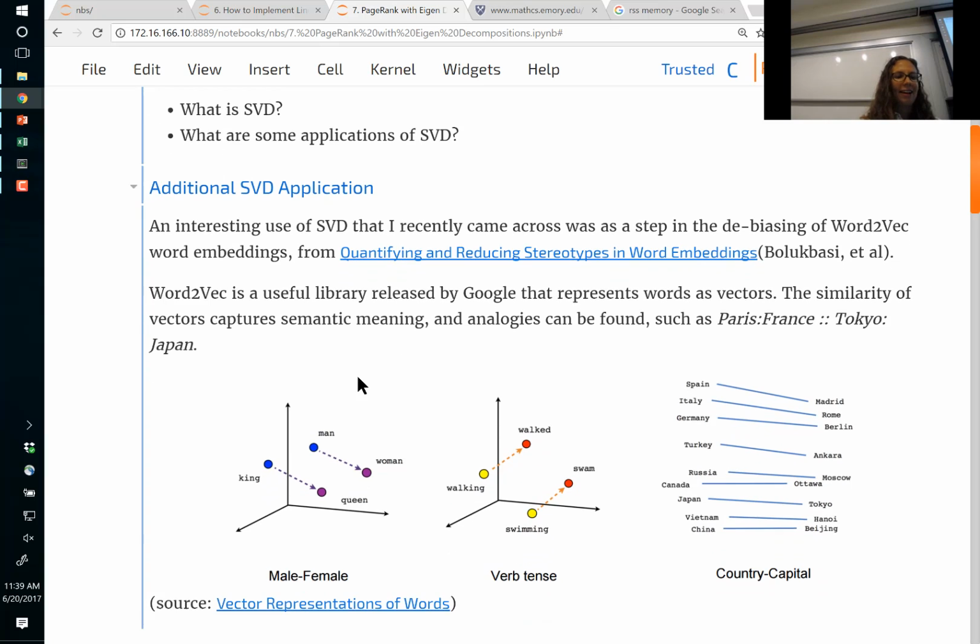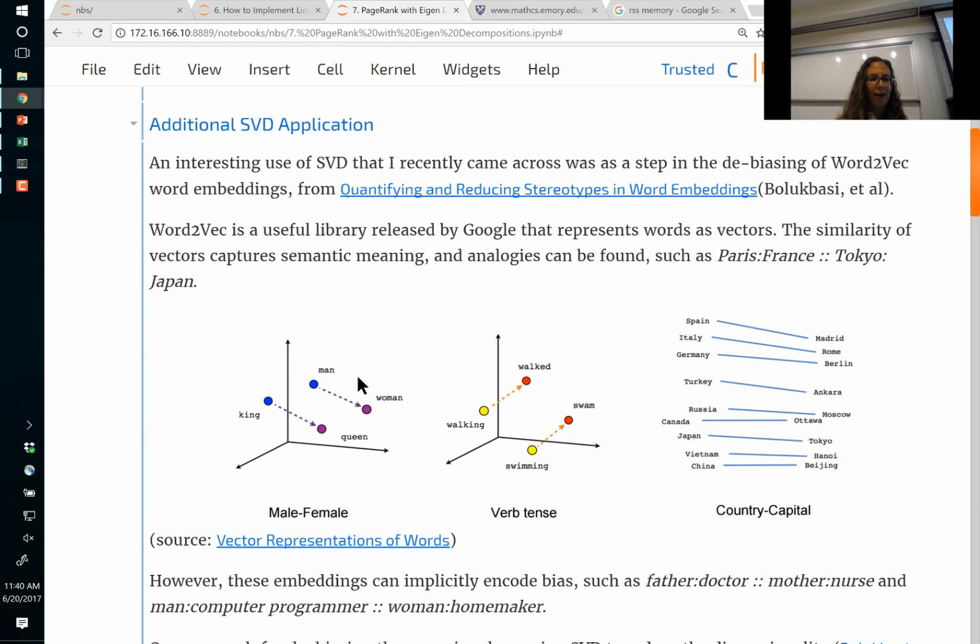A little bit off topic, but I'm doing a workshop this afternoon on word embeddings, such as Word2Vec, which is like a library of word embeddings. So I was looking at the problem of bias in Word2Vec. Word embeddings give you these analogies, which can be really great, like Spain is to Madrid, as Italy is to Rome.